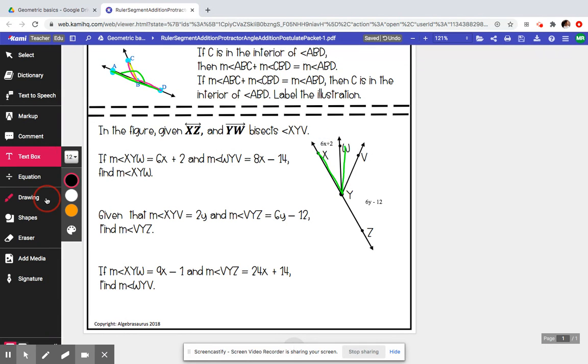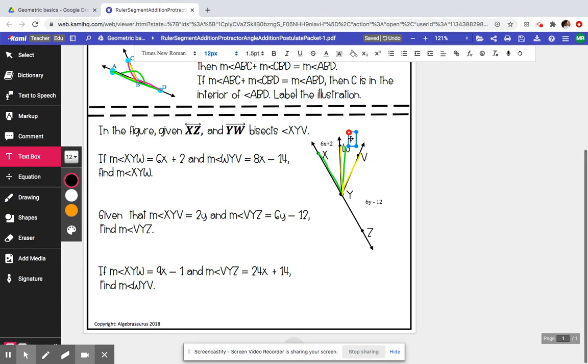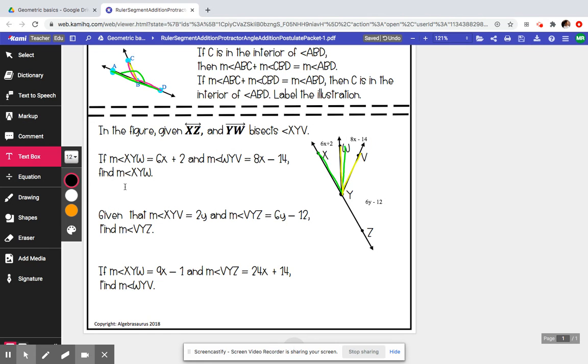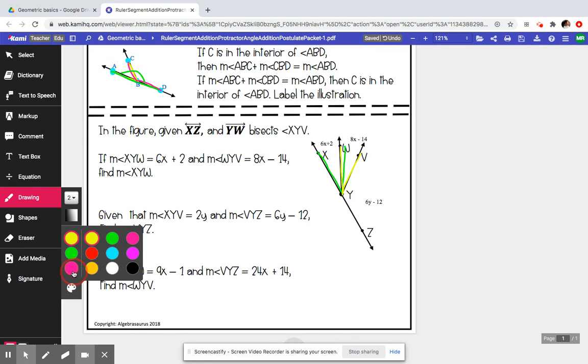And we also know that the measure of angle WYV is going to equal 8x minus 14. And we are trying to find the measure of angle XYW.